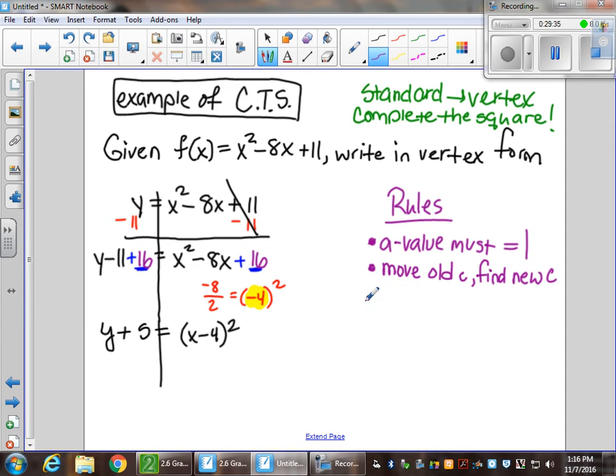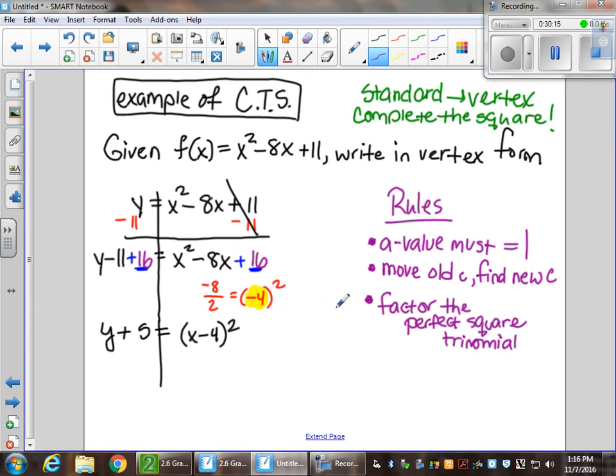So just now, we factor. Factor the perfect square trinomial.